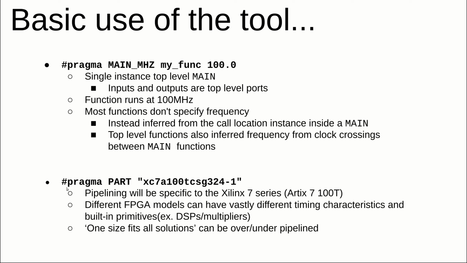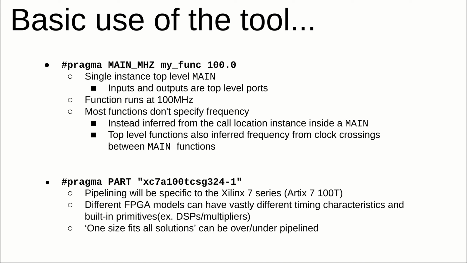The second pragma here is the FPGA part. In this example, it's Artix 7 series 100T from Xilinx. And this is important because different FPGAs can have different timing characteristics, and they have different built-in primitives like DSPs and multipliers and such.